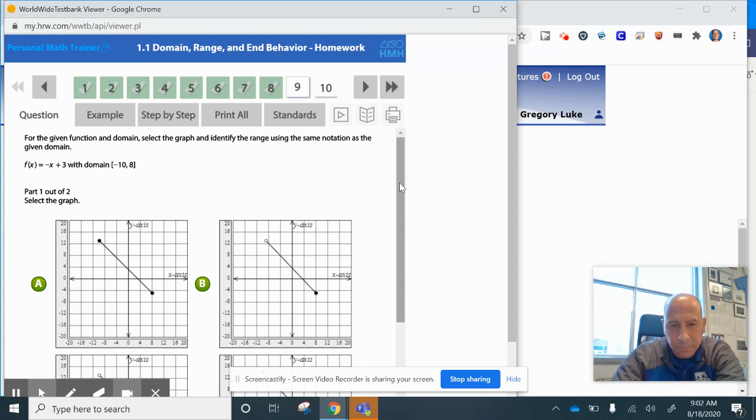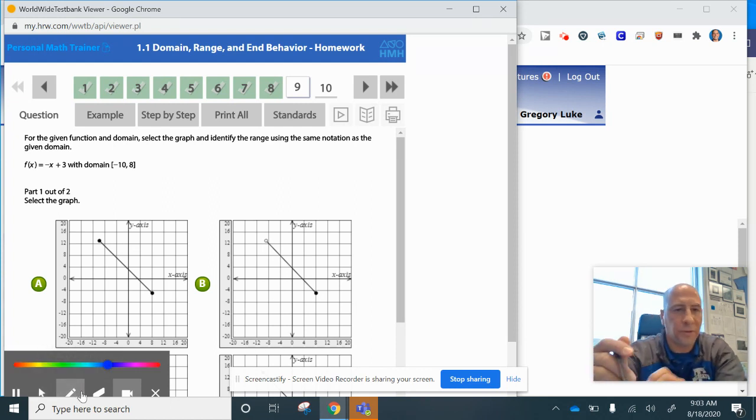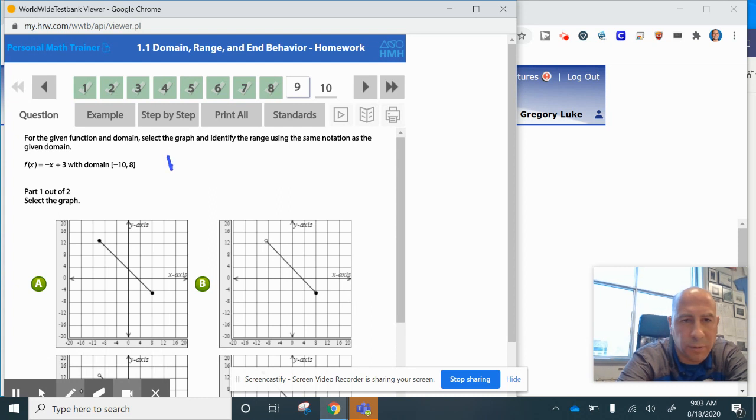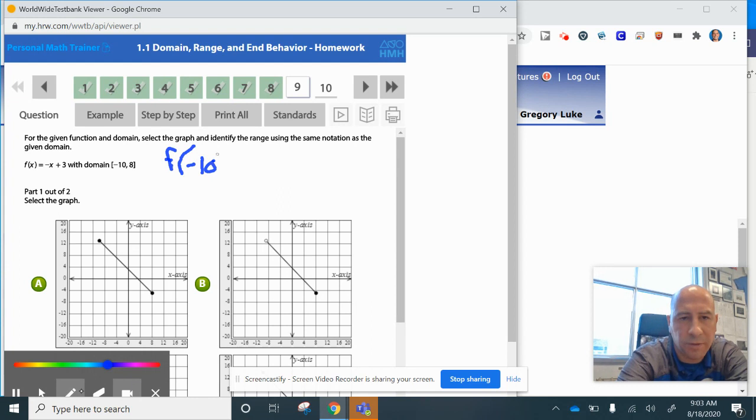Let me grab my stylus. Basically, that would be f of -10, because the x value is -10, equals negative parentheses -10 plus 3.